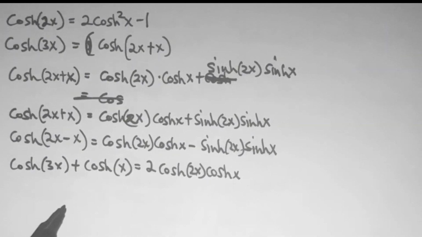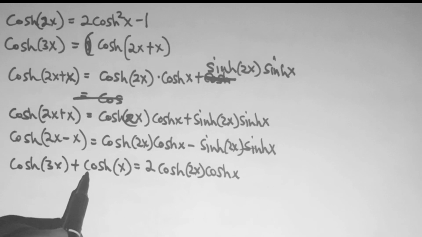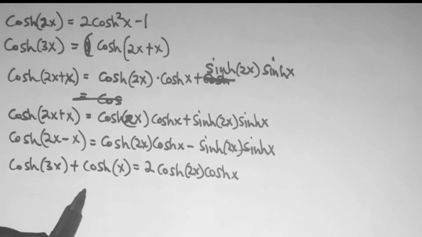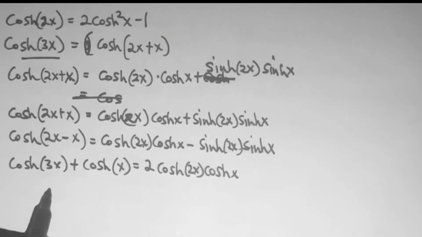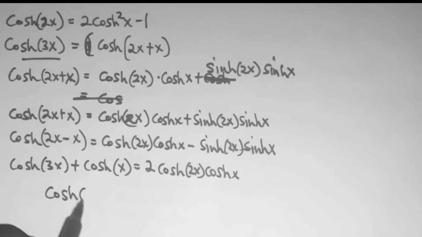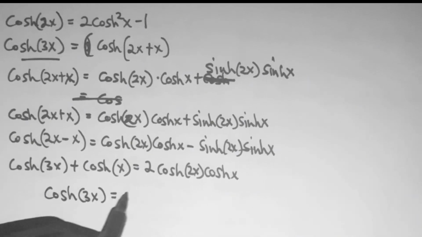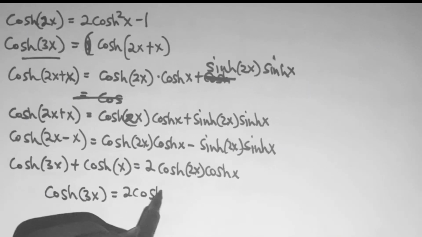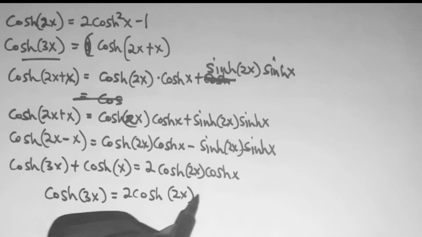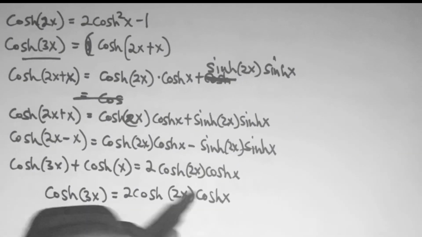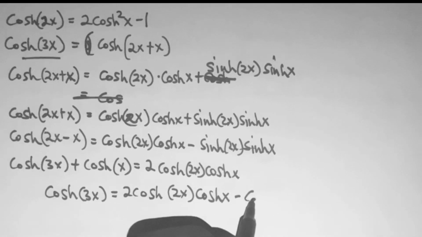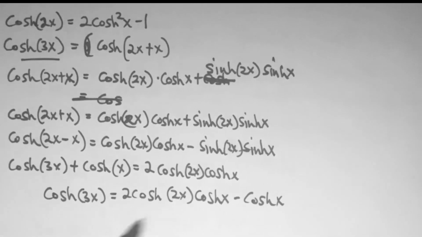Then this side becomes 0. Now we can bring this to the other side because we are looking for cos 3x. So cos 3x is equal to 2 cos 2x cos x, then minus cos x.